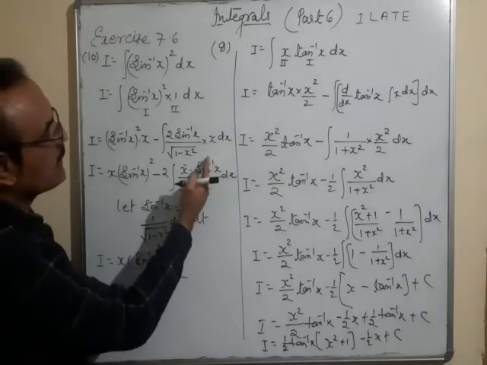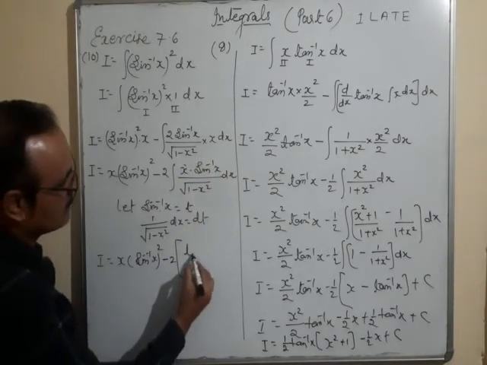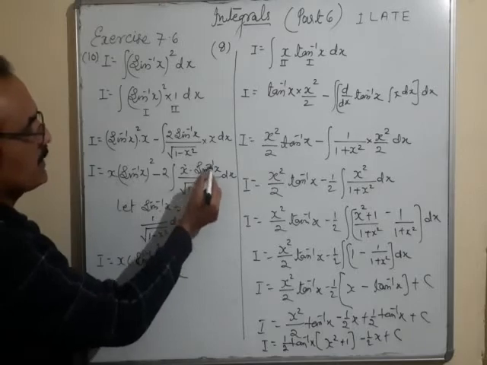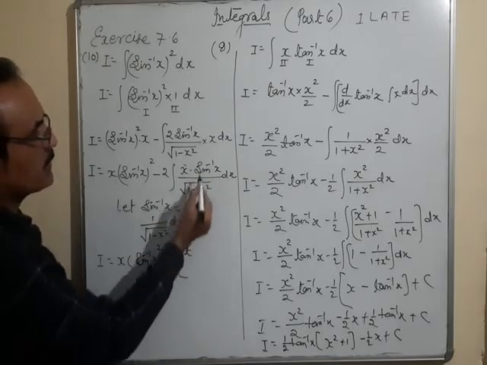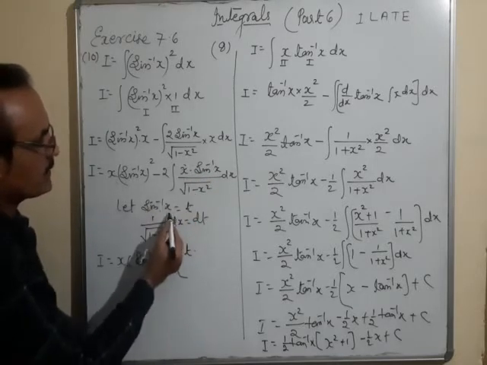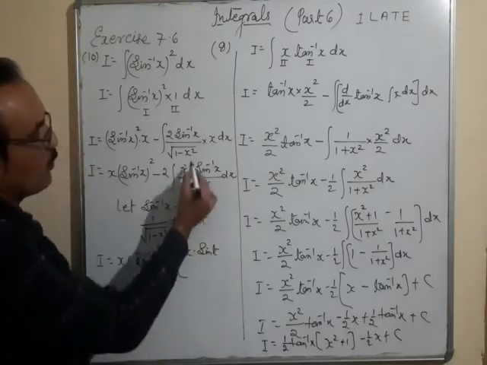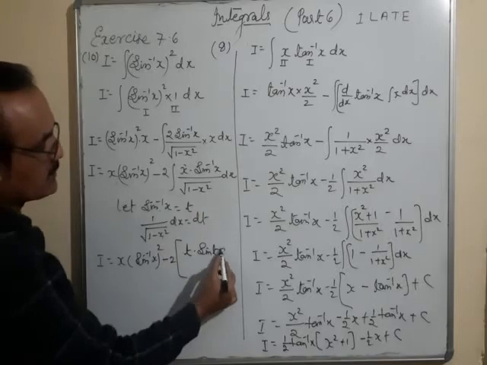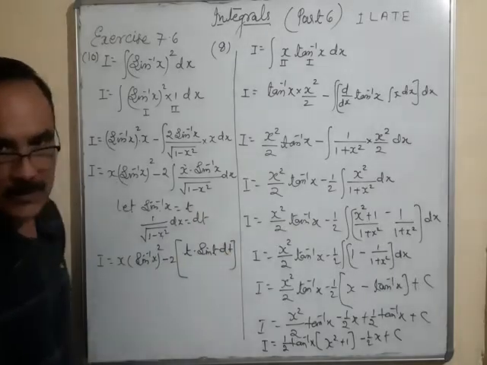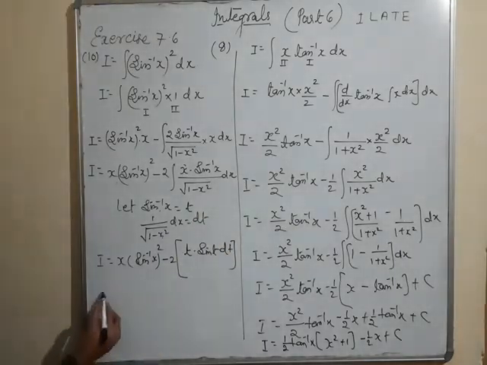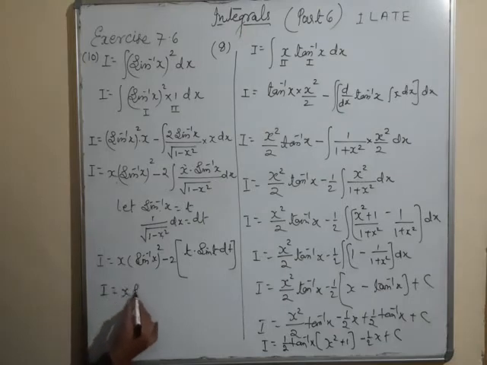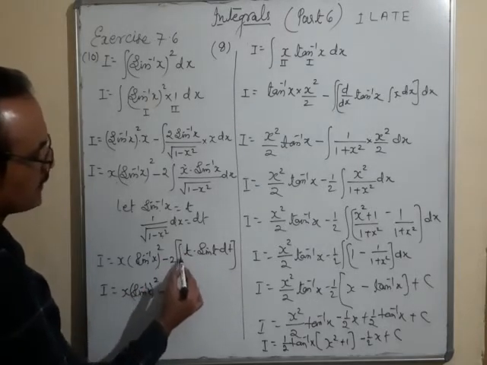So sin inverse x is t and x is sin t: t multiplied by sin t dt. Correct? I is equal to x (sin inverse x) whole square minus 2, and all of this is coming inside the integration.